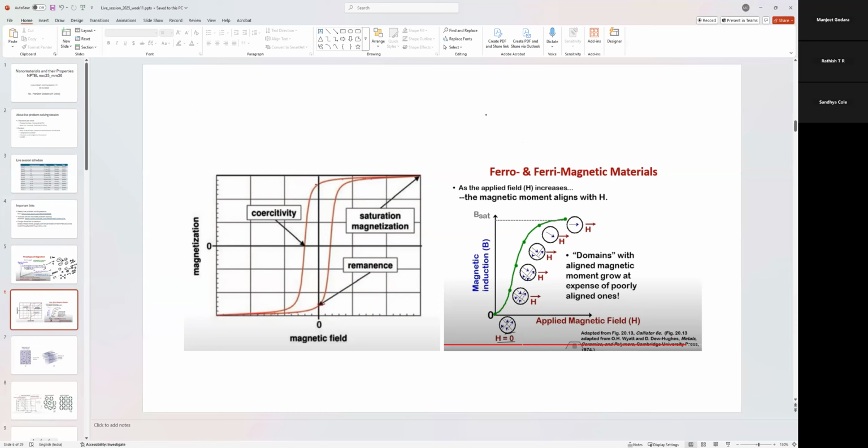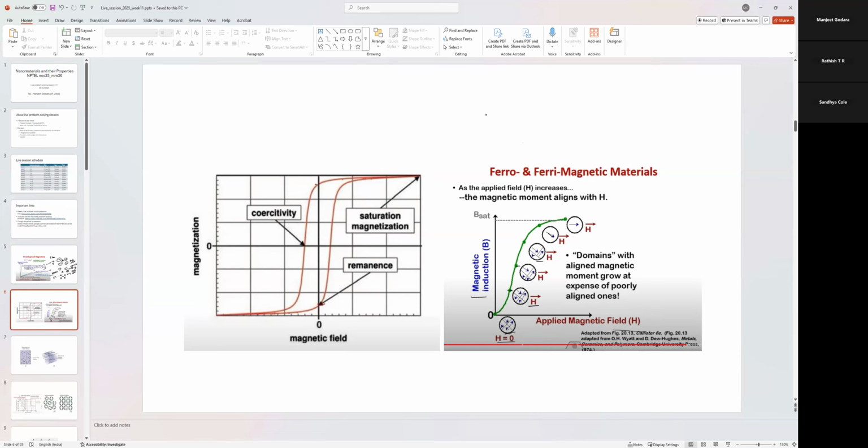However, when you apply a magnetic field, there is a magnetic field induced inside the material. As you increase the magnetic field, some of them start to orient themselves along the applied magnetic field. As you increase it, more and more of them start to align with the magnetic field.